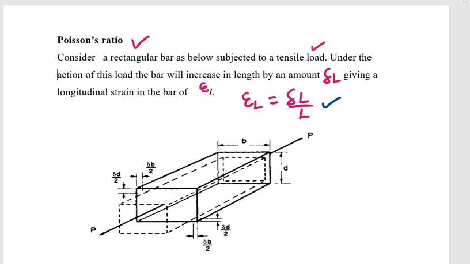Therefore, the width or breadth is going to reduce. From this side it is going to be delta B out of 2, the other side also delta B out of 2. So generally it will reduce by an amount delta B, and the depth will reduce by a corresponding amount delta D.